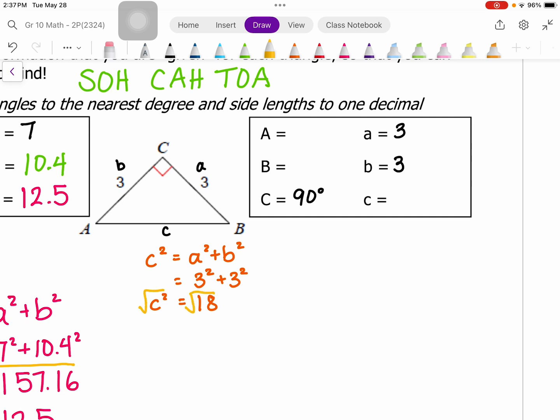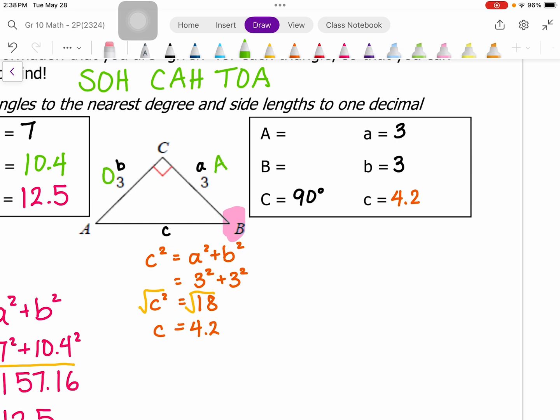To solve for just side length c, the square root of 18 is 4.2. So now I have all 3 side lengths. The next thing I'm going to solve for is angle B, and it doesn't really matter what we solve for first. So angle B here, and the 3 and the 3 are the opposite and the adjacent.